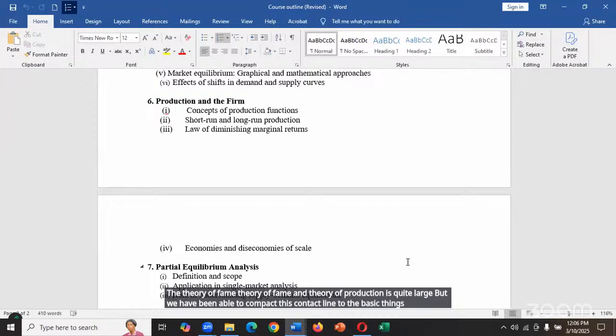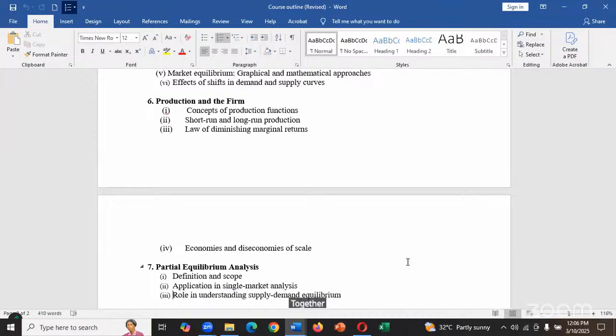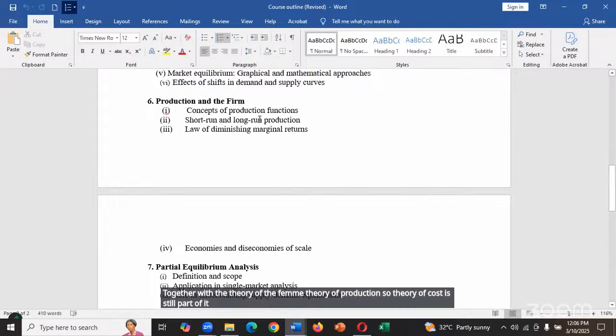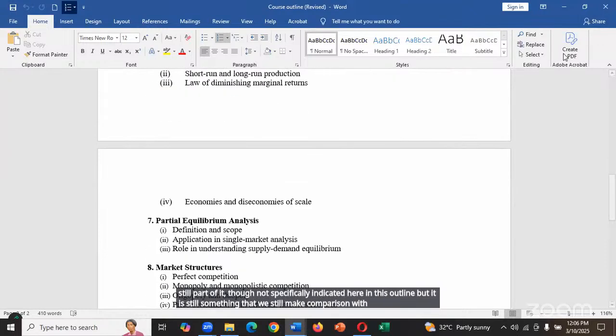That doesn't mean that it is limited here. So there could be some questions where I will ask us to read the theory of cost, because it's usually run together with the theory of firm and theory of production. So theory of cost is still part of it, though not specifically indicated in this outline, but it is still something we make comparison with. So Abdul Malik, ask your question.